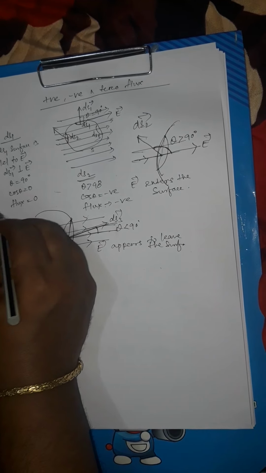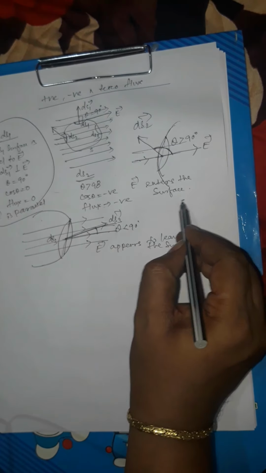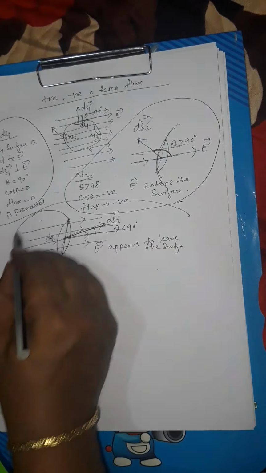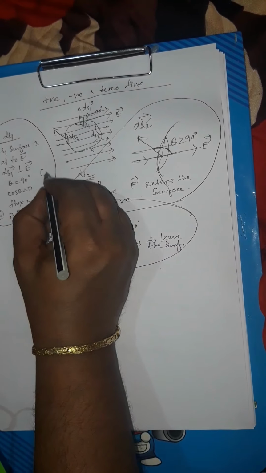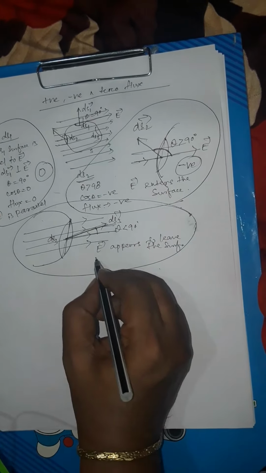So for ds1 the electric field is parallel to the surface, for ds2 it is entering, and for ds3 it is leaving. This is 0, this is negative, and this is positive.